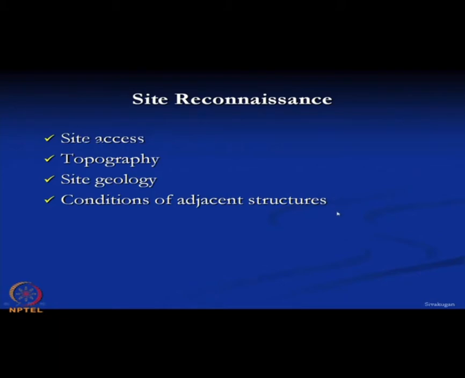If a structure is very close to the soil exploration site, then you have to take some precaution, because during the soil exploration there will be noise and some disturbance. If that will affect the structure, then you have to take precautions for that structure also. So, you have to study the condition of the structures at nearby locations of the site.